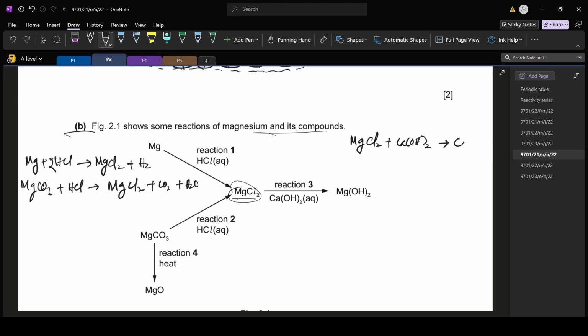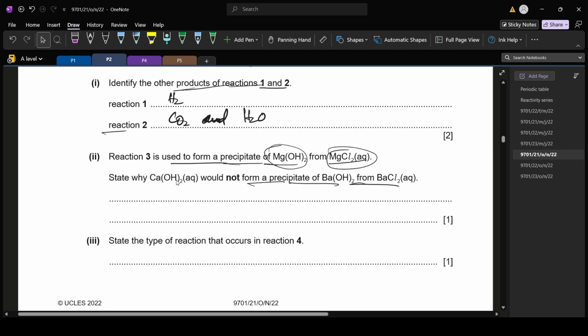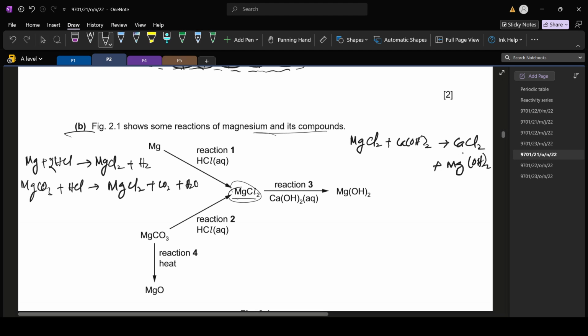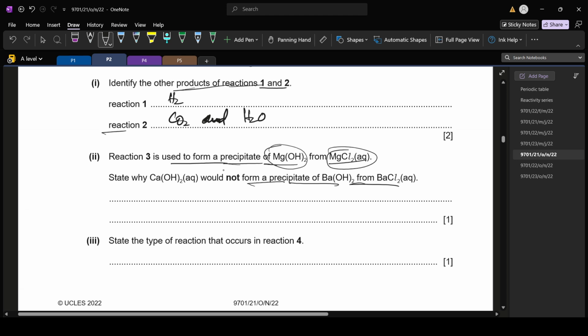So this forms calcium chloride plus magnesium hydroxide. Magnesium hydroxide forms a precipitate because down the group the solubility of group 2 hydroxides increases.